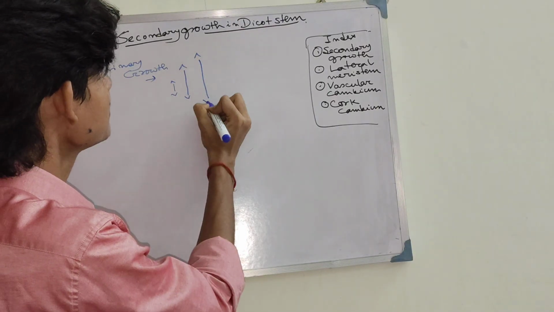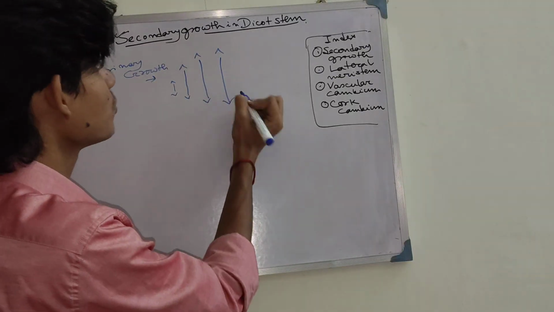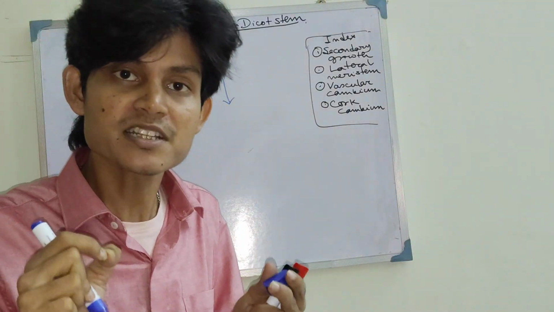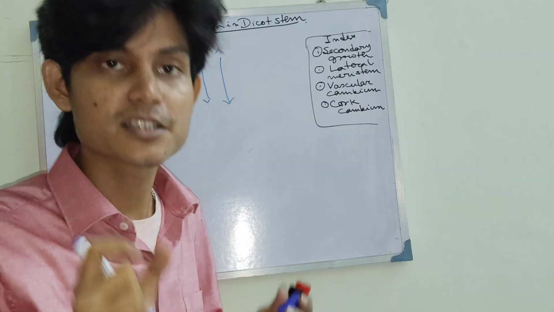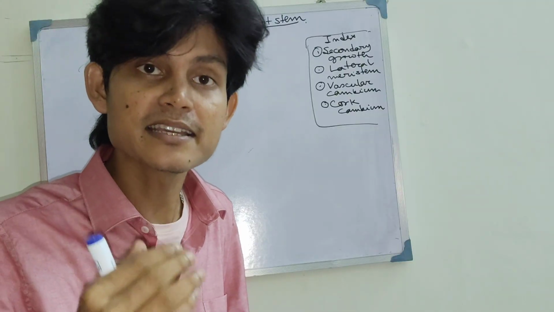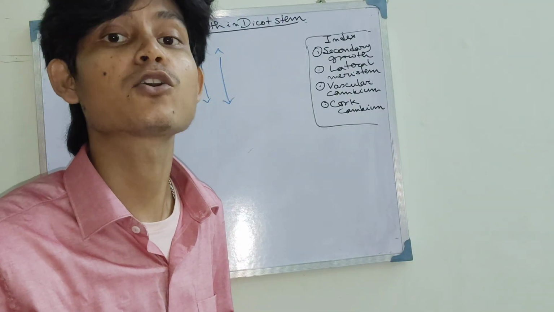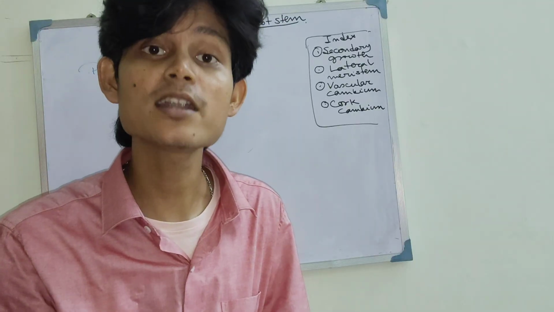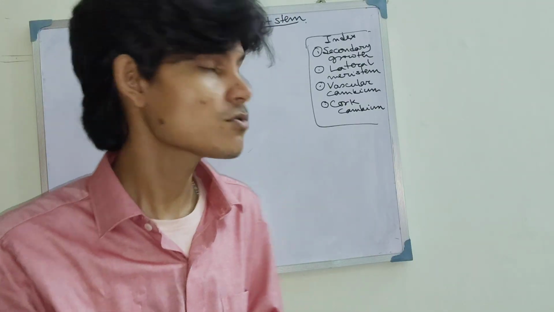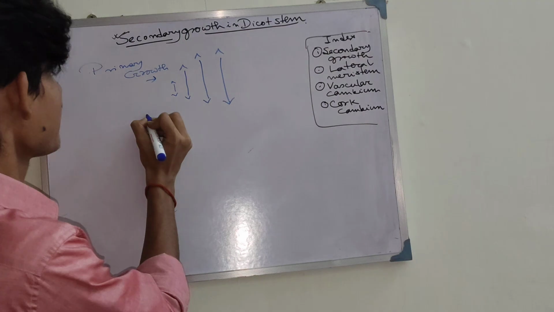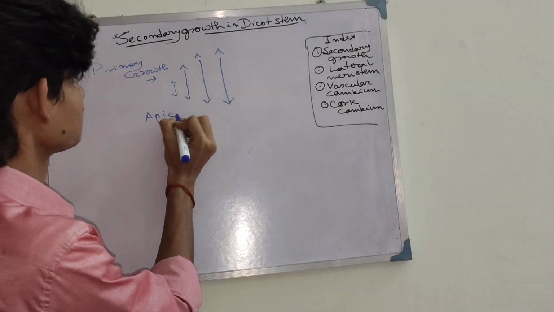So plants increase in length. The meristematic tissue which is responsible for the increase of length in a plant is called, yes, you are right, apical meristem.